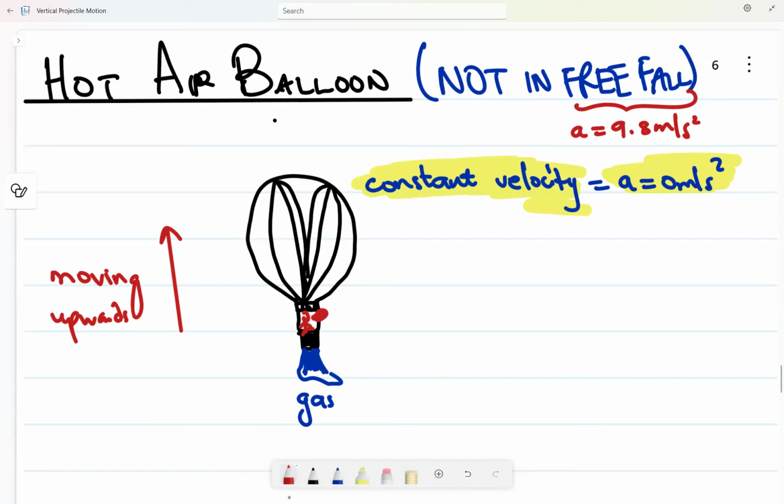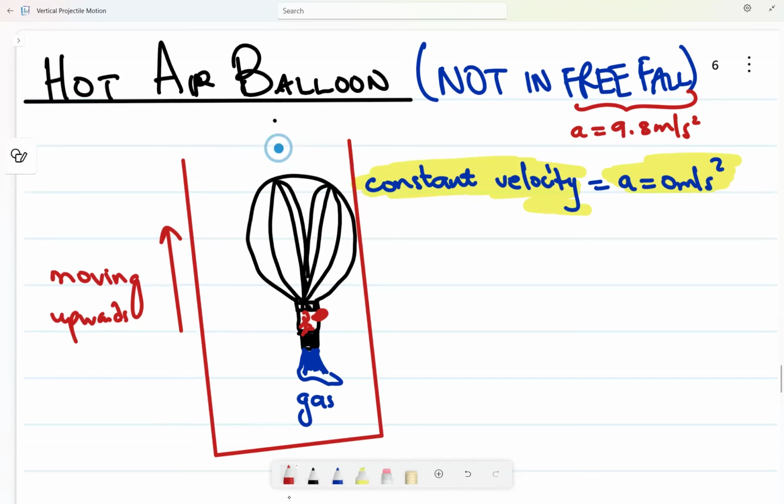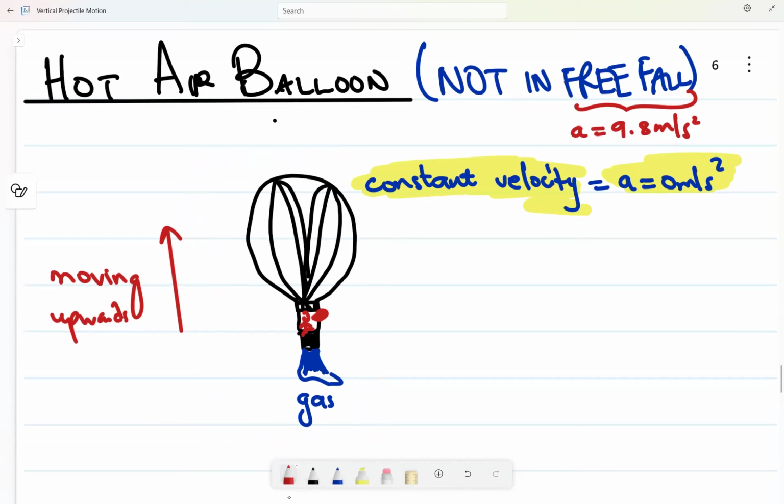The hot air balloon, as well as the person, as well as the stone, just before the stone was dropped, is moving at a constant velocity, moving upwards. So it means now all of this system is not in free fall. Okay, but now let's say it is moving at a constant velocity of 5 meters per second. So it means everything in that object moves with it.